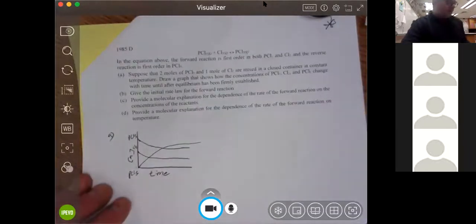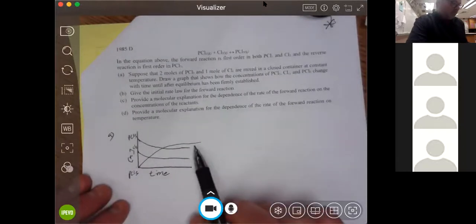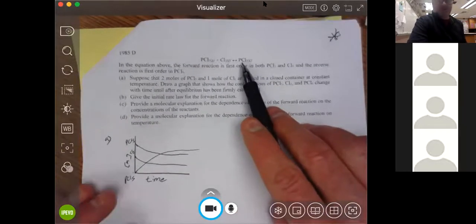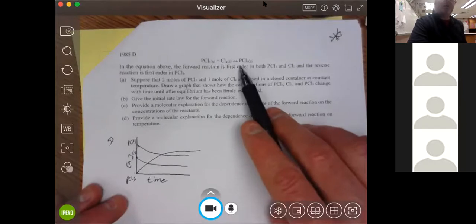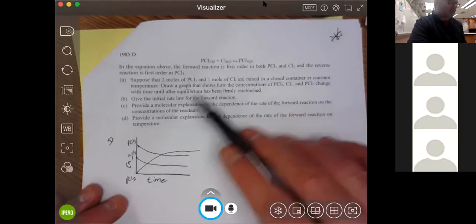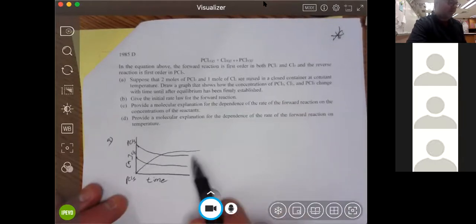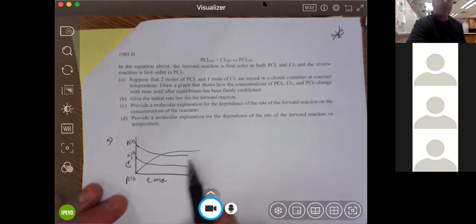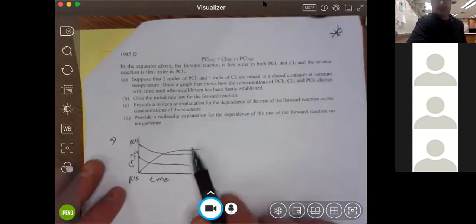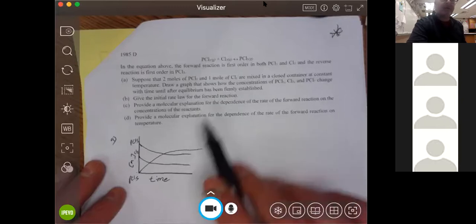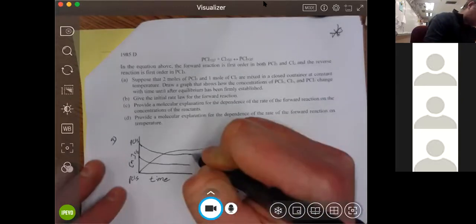Now they will reach equilibrium, and we don't know the K value, if you even remember that for this. They didn't give it to us, so we don't have to figure out whether there are more products or more reactants at equilibrium. It just says make it at equilibrium, so totally up to you on that.